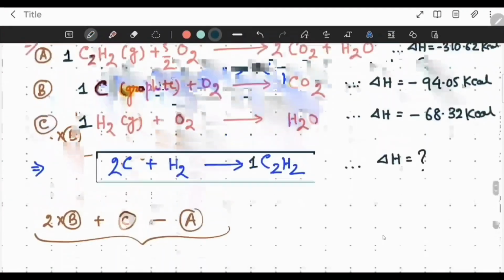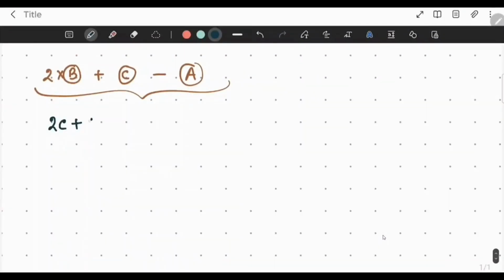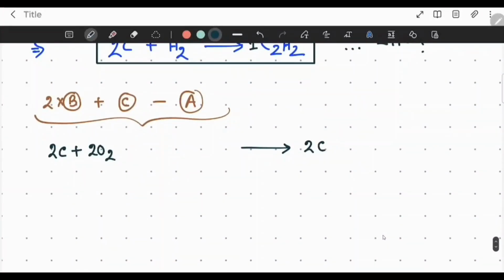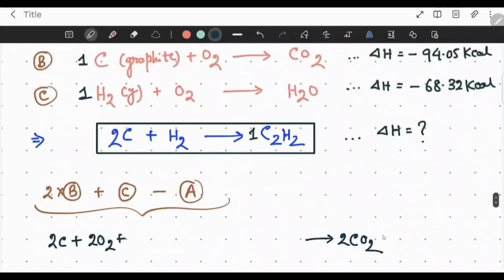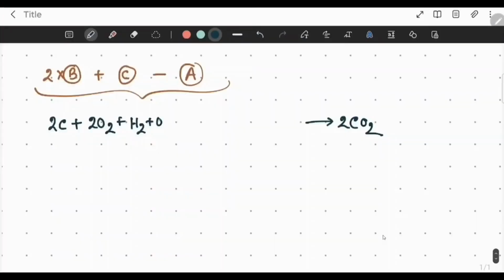2 into B means 2C plus 2O2, and on this side it is 2CO2, right? What is C? We need more space. C is H2 plus O2. Let me write it, H2 plus O2. So here it will be H2O.